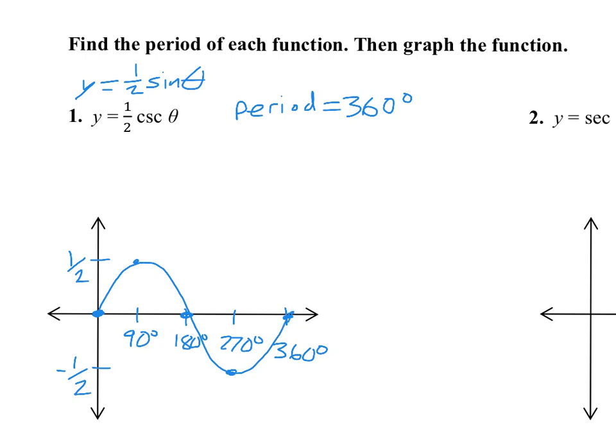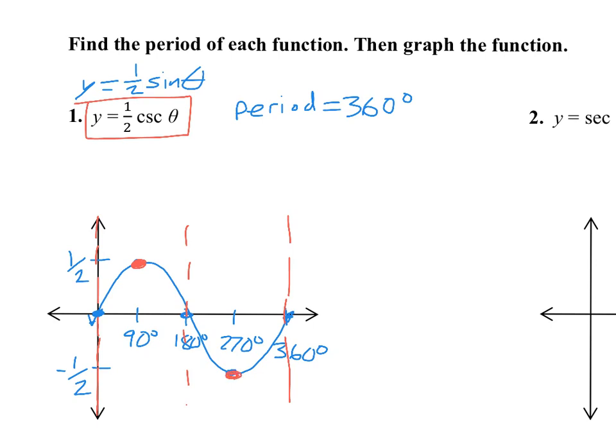And so now in red, I'm going to graph y equals 1/2 cosecant theta. Okay, so whenever sine is at 0, it's an asymptote. Then I'm also going to copy the point at what looks like the vertex here and here.